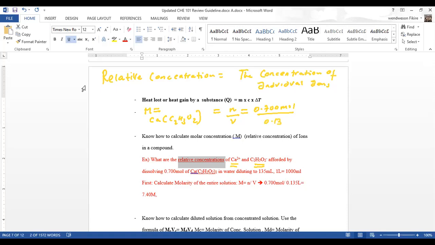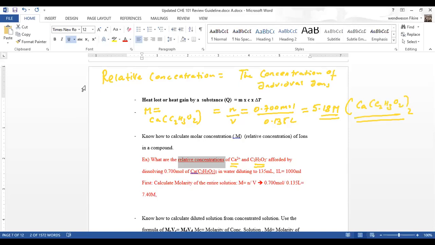It gives you 0.135 liters. So when you divide these values, 0.700 divided by 0.135, that gives us 5.18 molarity. Now remember, this is for the entire solution of calcium acetate.